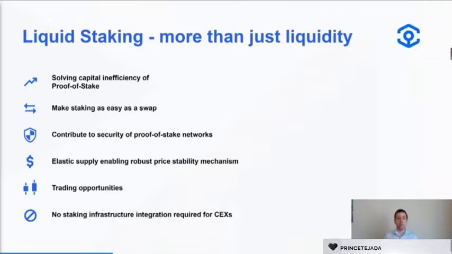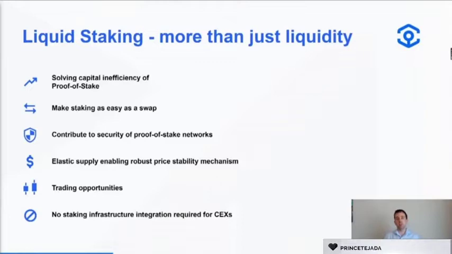It also has another very interesting and unique feature, which is the elastic supply of liquid staking. Because you have the ability to unstake, for example, Avalanche, we have Avalanche liquid staking, so you can unstake Avalanche by giving back the Avalanche liquid staking token to Ankr, and in up to 28 days, you receive the fair value back of your staked tokens.